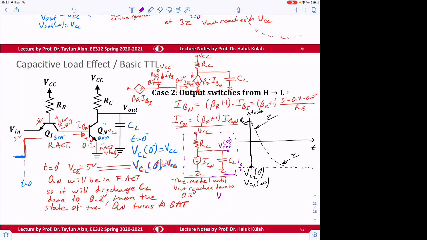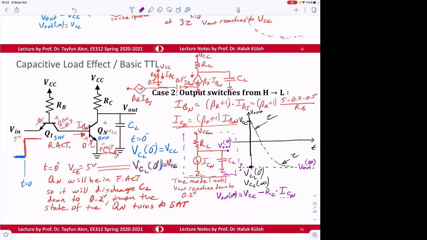So therefore, V out at infinity is going to be VCC minus RC times ICN. Is that clear? Yes. So this is V out infinity. So it's going to be a minus value because ICN is large because it's beta times I base.